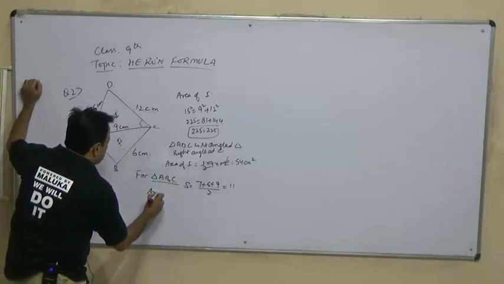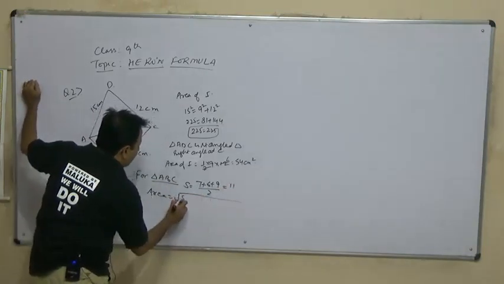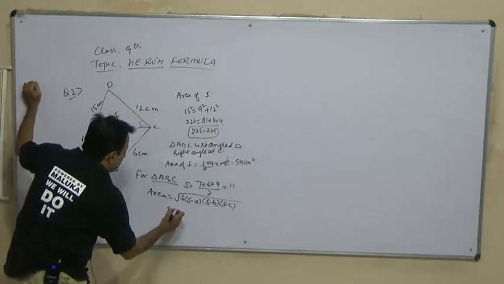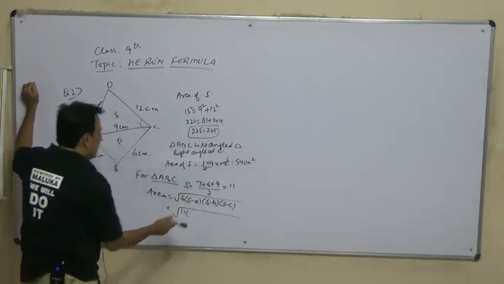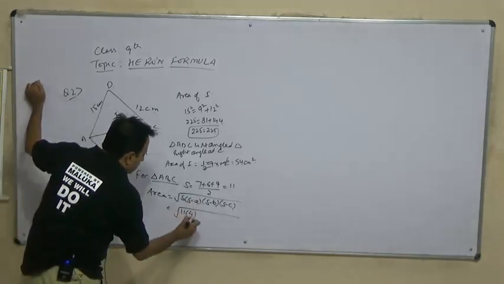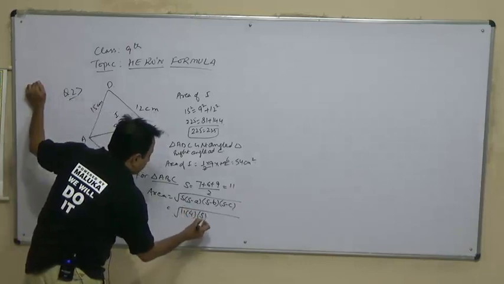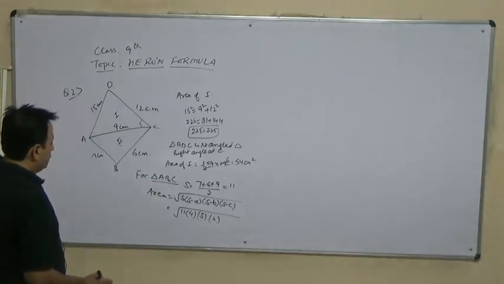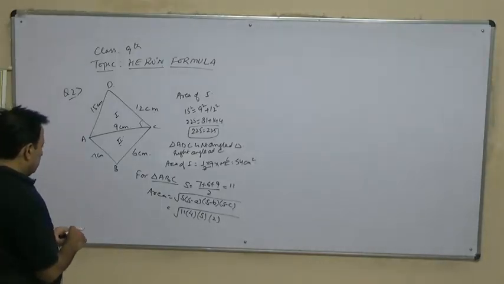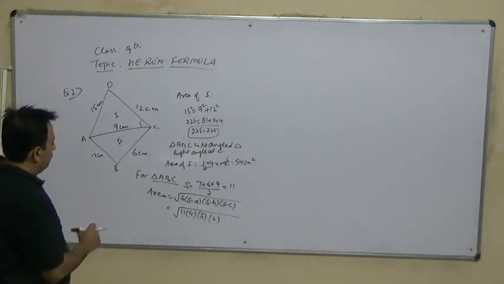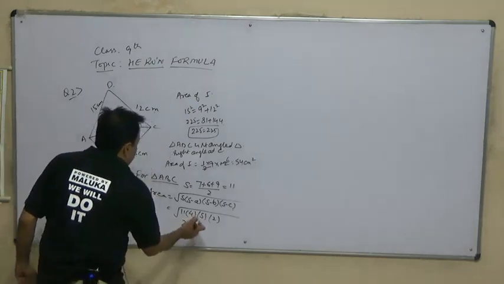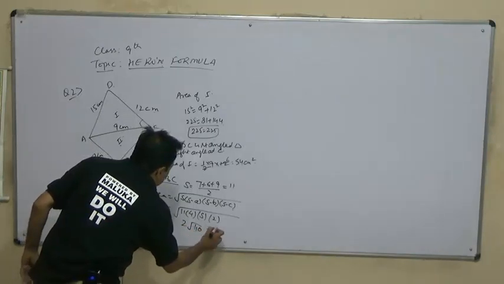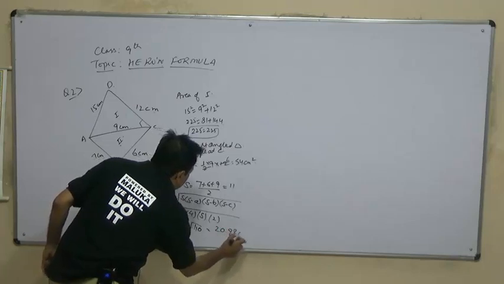Area will be equal to under root of S into S minus A, S minus B, S minus C. So this is equal to 11 into 4 into 5 into 2, which is 11 into 8 into 5, so 2 under root 110, and this comes out to be 20.98 centimeter square.